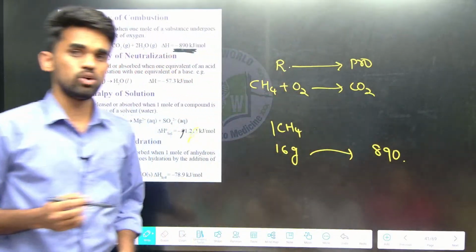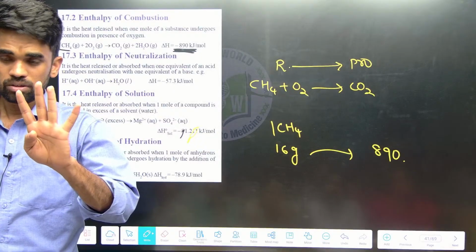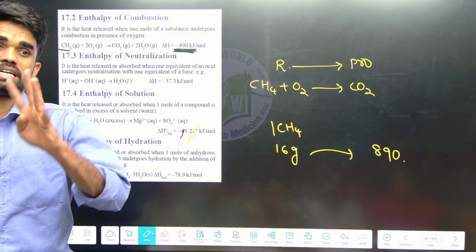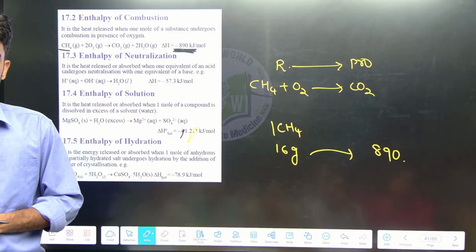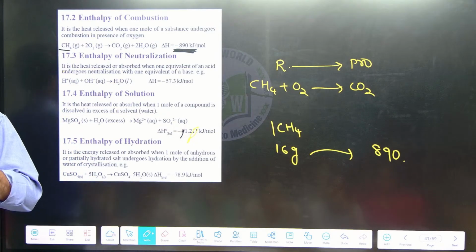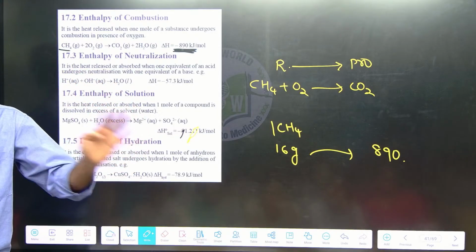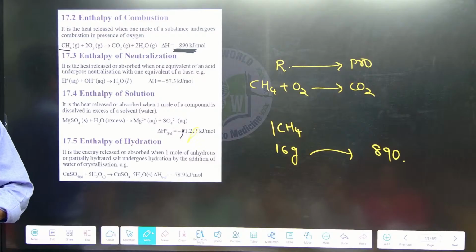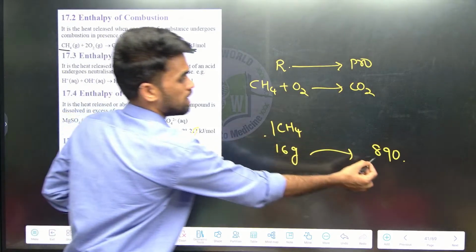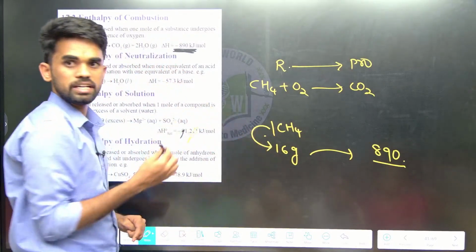Now I am giving you only 4 grams of methane. Upon combustion of 4 grams of methane, how many kilojoules of energy is produced? See, 1 mole is producing 890, and 1 mole of methane is nothing but 16 grams.